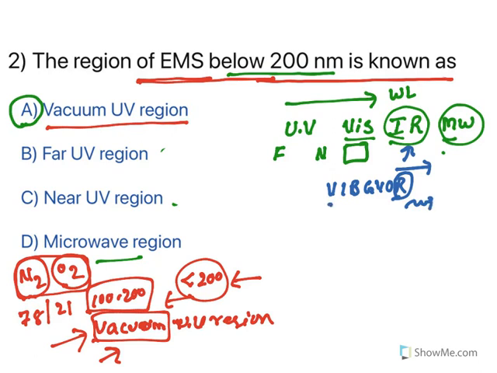Whereas the radiation less than this violet is known as ultraviolet. The violet is taken from here. So from this visible VIBGYR, after red you get infrared, before violet you get ultraviolet. This is how these are named. So coming back to the question, the answer is that below 200 nanometer region is known as vacuum UV region.